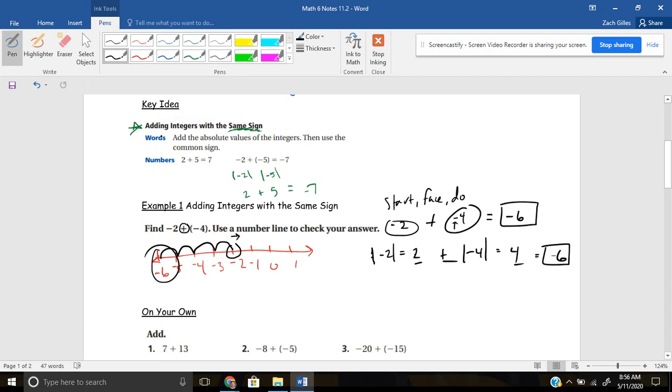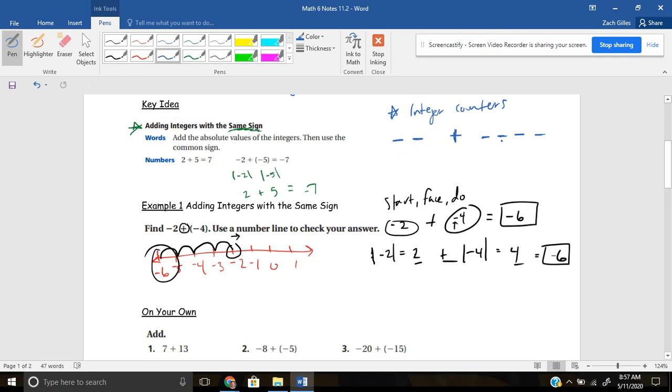There's another way to think about this, and I like to use these oftentimes. They're called integer counters. You can just use little positives and negatives. You can use different colored blocks. Legos are good, anything like that. What this is saying is that you have 2 negatives, and I'm adding 4 more negatives to that: 1, 2, 3, 4.